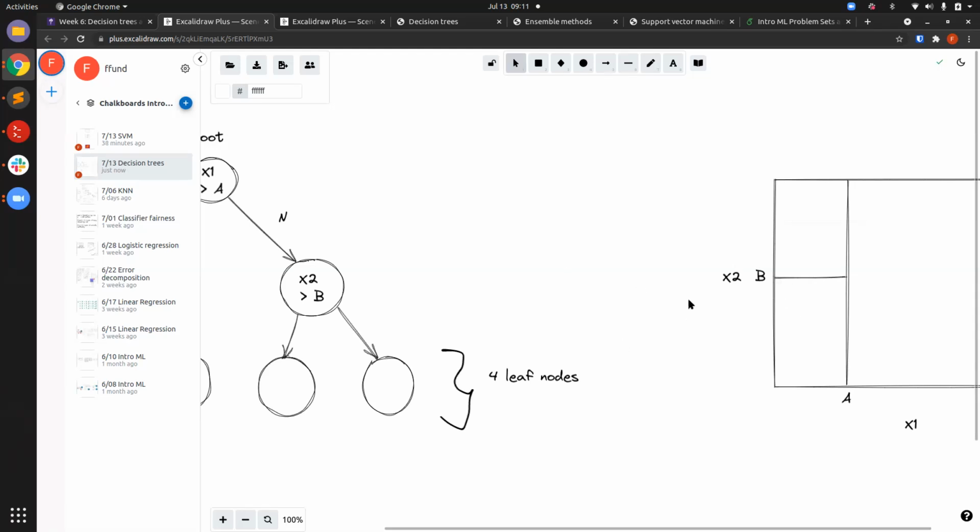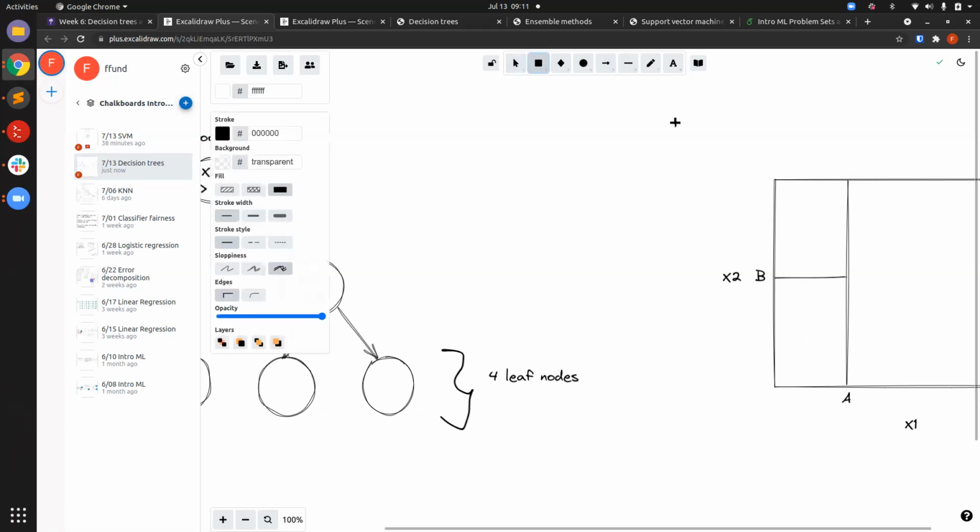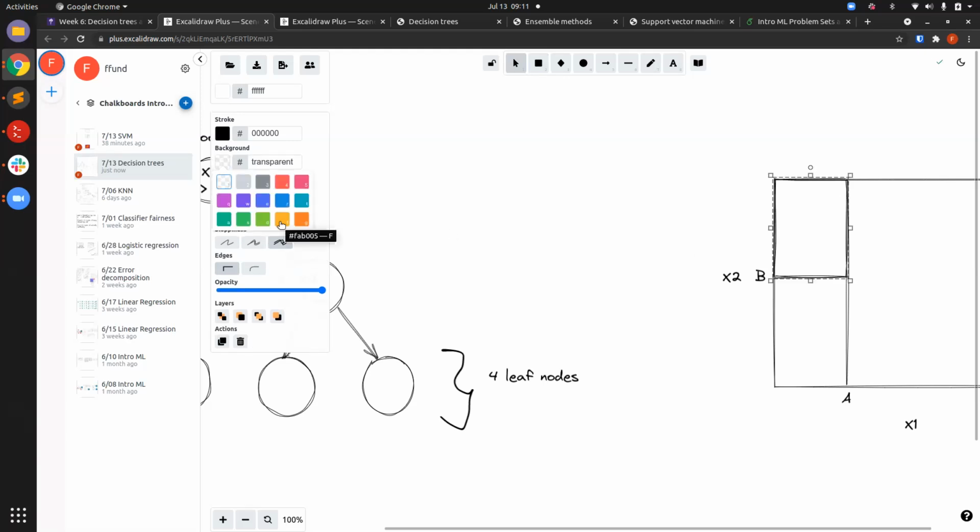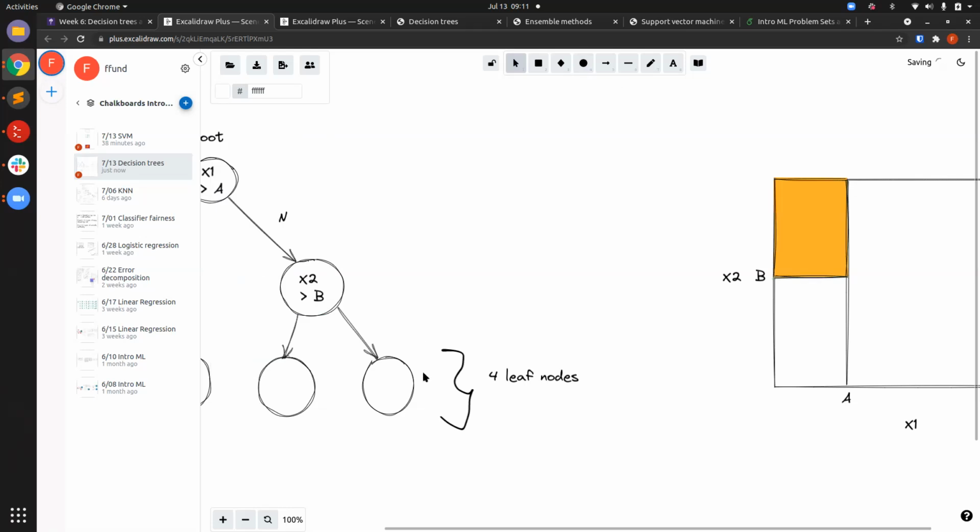And then I have 2 regions. So this region at the top is the region where x1 is not greater than a, but x2 is greater than b. Let's color that region in 1 color. Okay, let's call this the orange region.